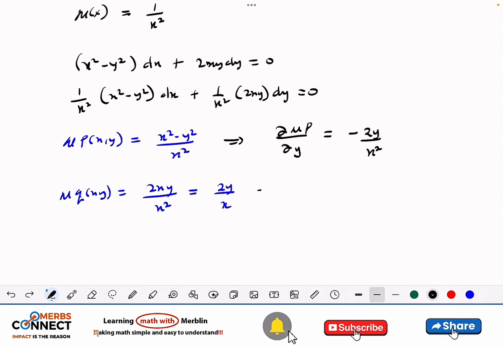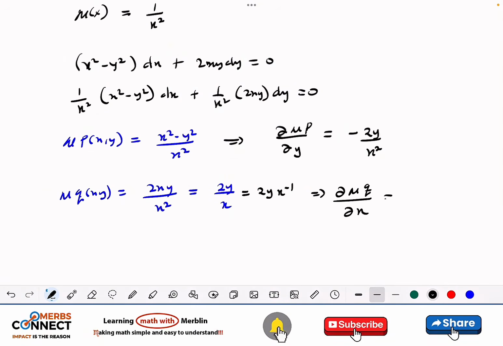Then this one I'm going to differentiate with respect to x. I can write this one as 2y x to the power minus 1. Do you agree? Yes. Then we can write this as the partial of mu q with respect to x.